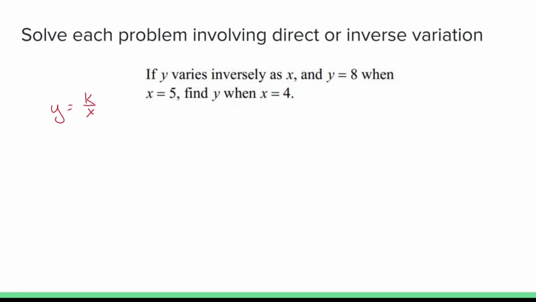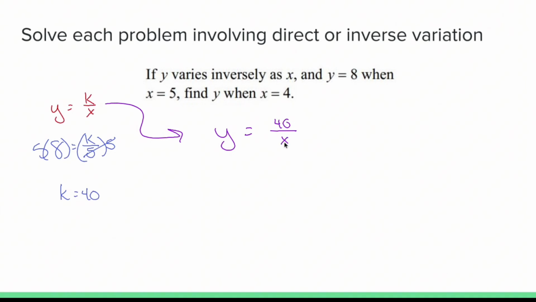So if y is 8, I'm going to replace y with 8, and if x is 5, I'm going to replace x with 5. In order to get k all by itself, we multiply both sides by 5, and k is going to equal 40. So now I have the equation y equals 40 over x.